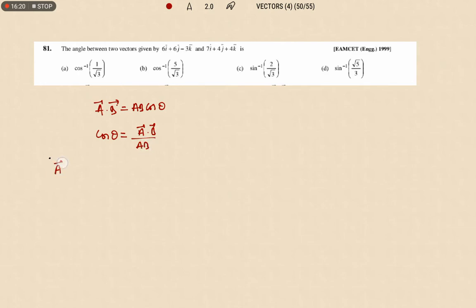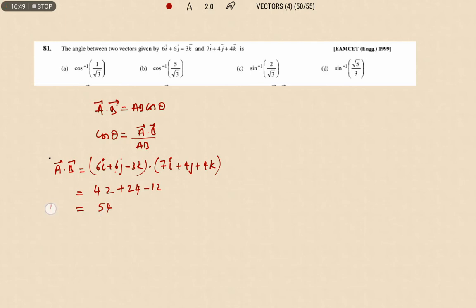Let us first find A bar dot B bar: 6i plus 6j minus 3k dot 7i plus 4j plus 4k. So 7 6s are 42, plus 24, minus 12. So 30, 24, 54. A bar dot B bar is 54.